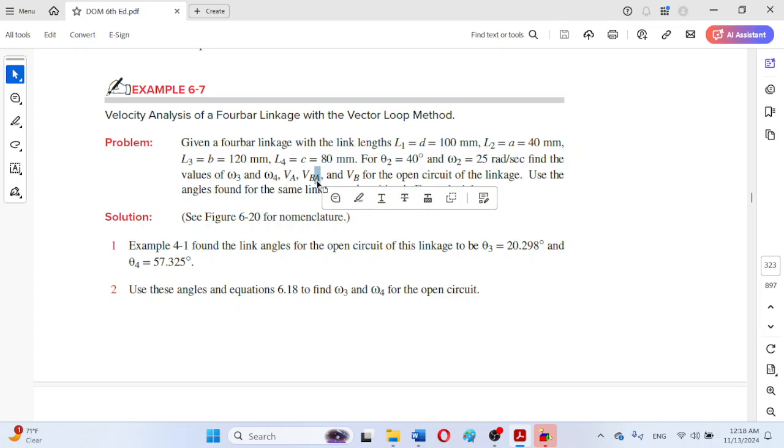As the moving frame of reference origin is attached to point A, the velocity calculated for point B will be the relative velocity, written as VBA.